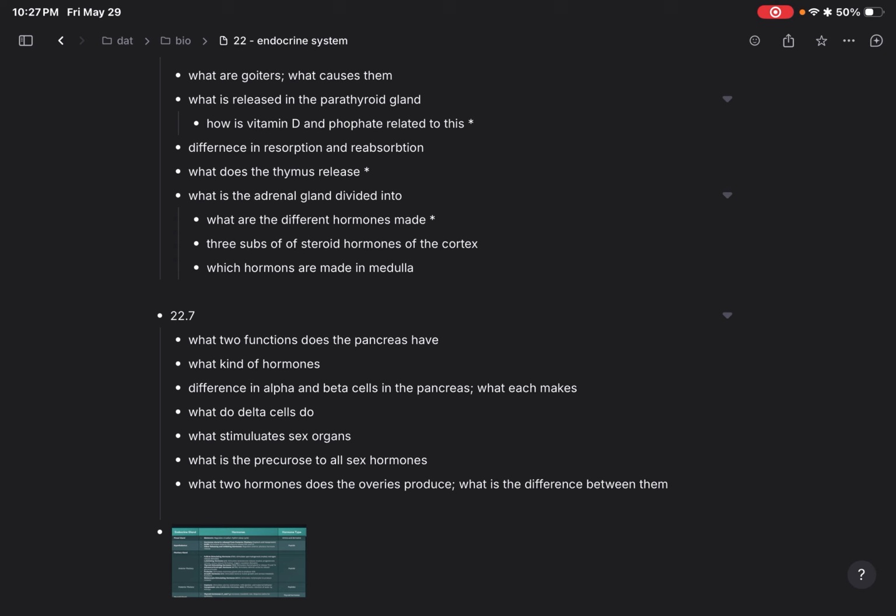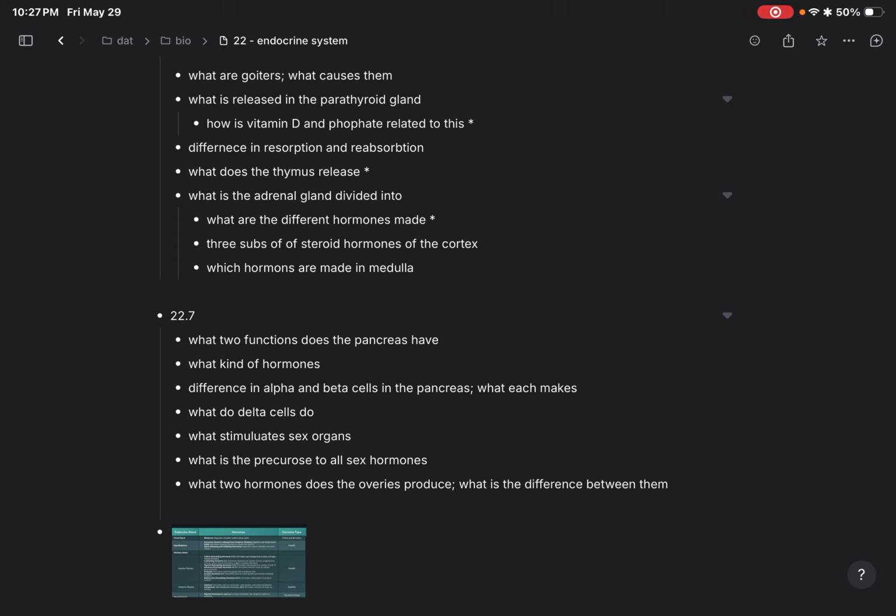There's glucocorticoids, and those are responsible for increasing blood sugar levels. So glucocorticoids are cortisol and cortisone. That's what I missed. Now we move on to the mineralocorticoids. That's aldosterone, which causes mineral reuptake from the kidneys.